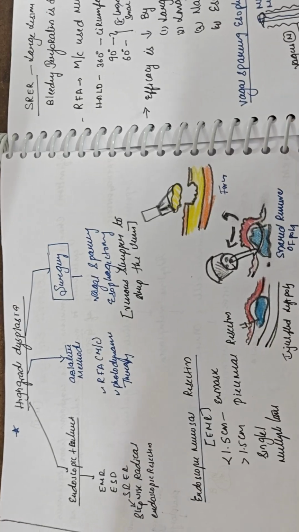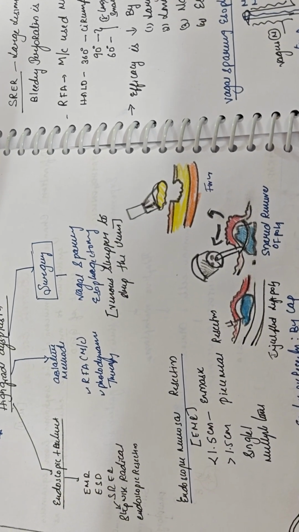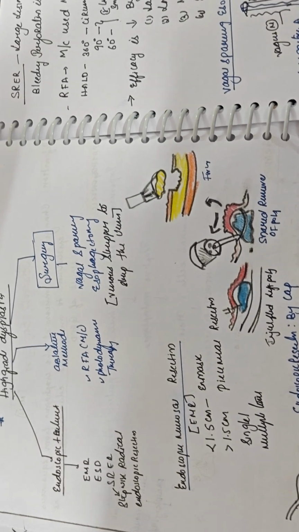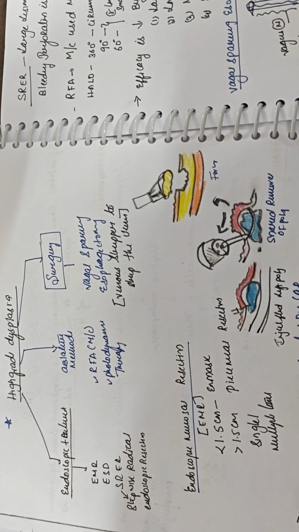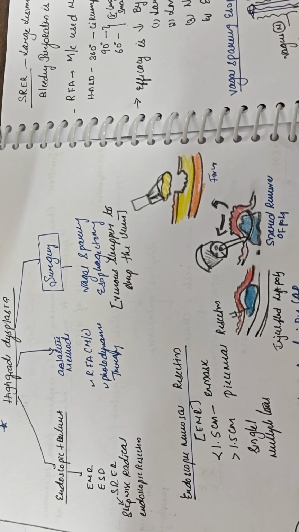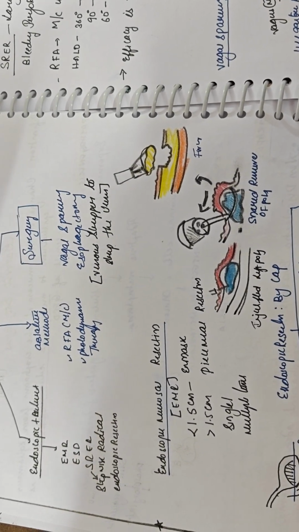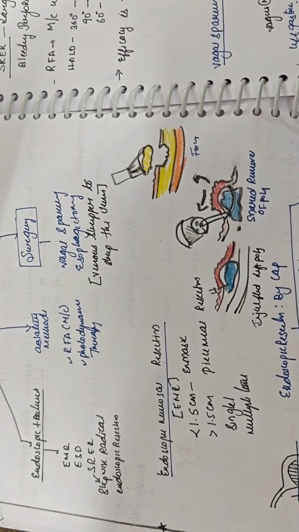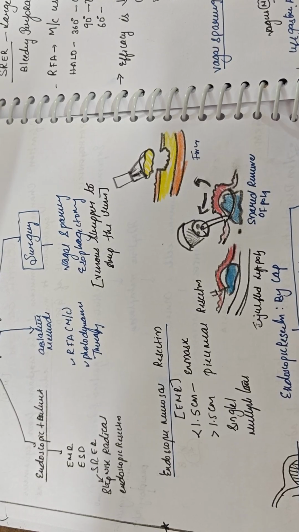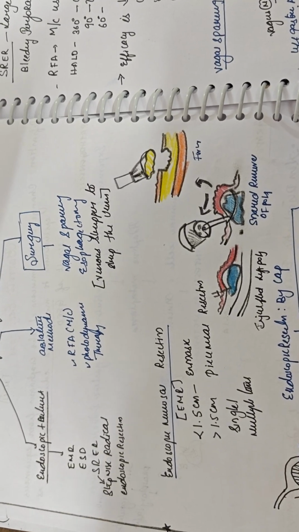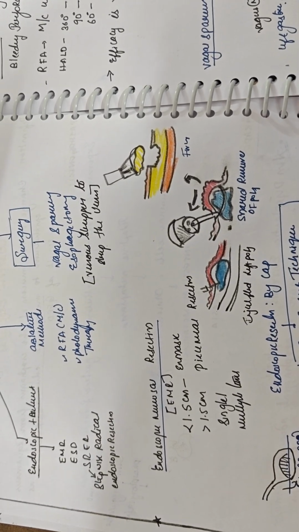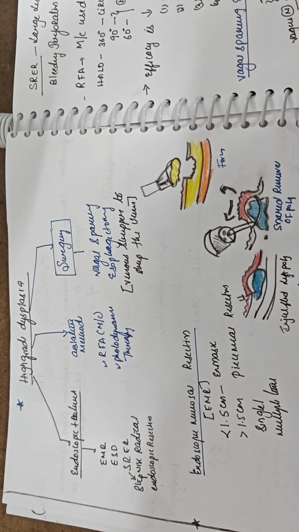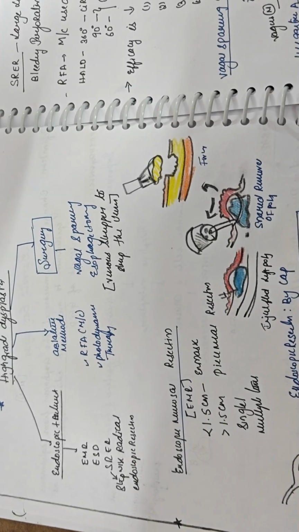For high grade dysplasia, you have methods for treating such patients: endoscopic resection, ablative methods, and surgery. Under endoscopic resection, you have endoscopic mucosal resection, endoscopic submucosal dissection, and stepwise radical endoscopic resection. So let us understand how endoscopic resection helps patients with high grade dysplasia.